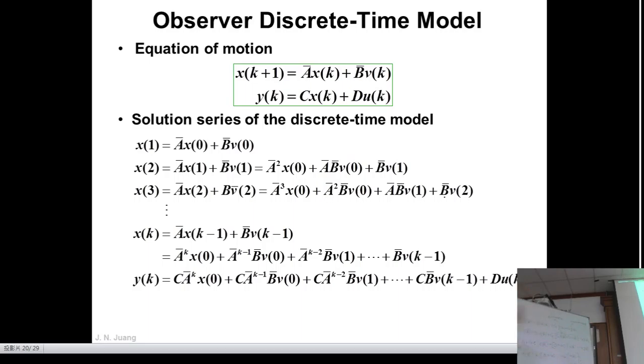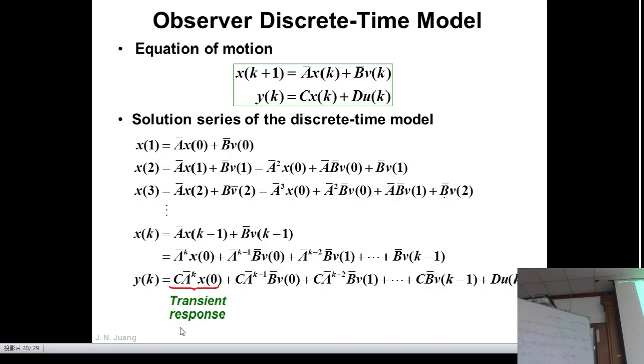Exactly the same thing, except now we have A bar. I didn't tell you what G is yet. I will tell you very soon what kind of G we can use. But this is exactly the same as your state equation without observer.